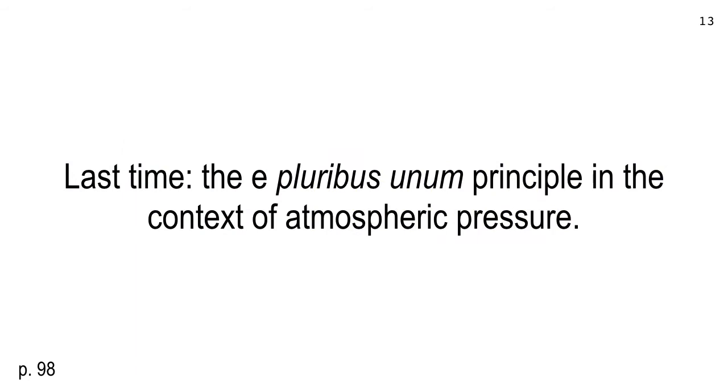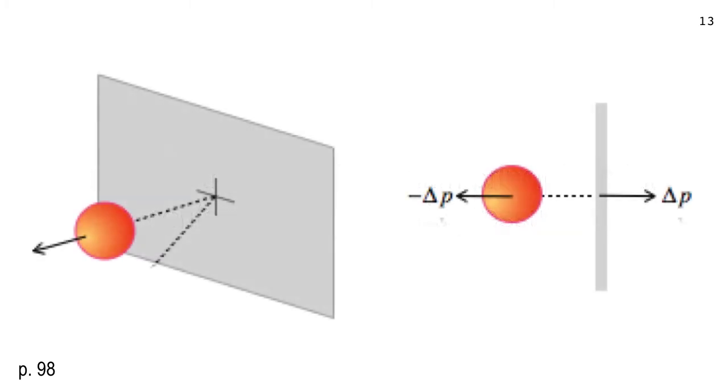Now, last time we talked about the e pluribus unum principle in the context of atmospheric pressure. And so for page 98, approximately, there's this diagram there, and this is like an idealized view of a gas molecule impacting the side of a container of gas, one recoil interaction. So an exchange of momentum, delta P to the right, negative delta P to the left.